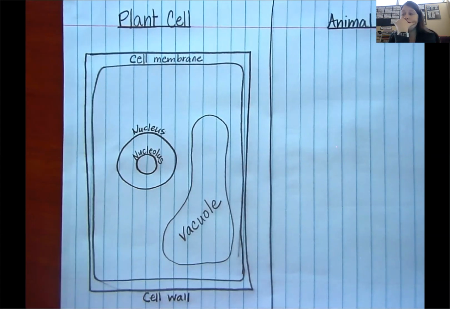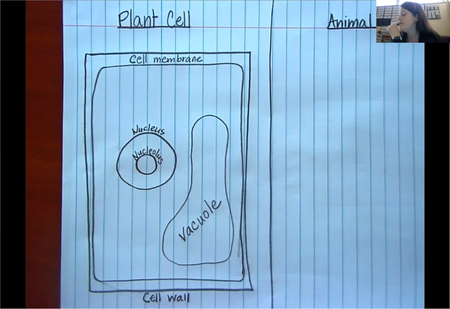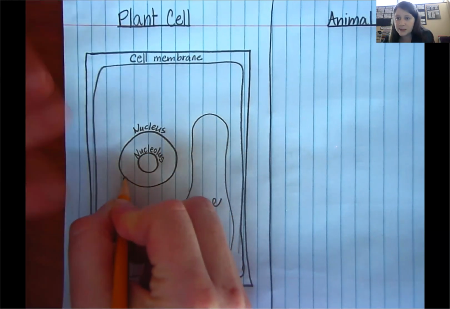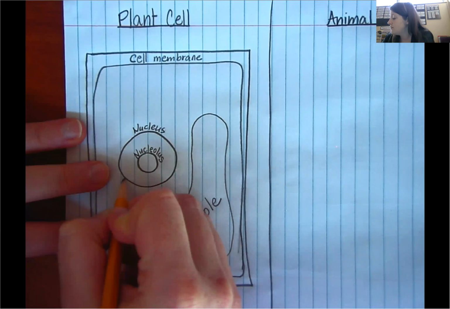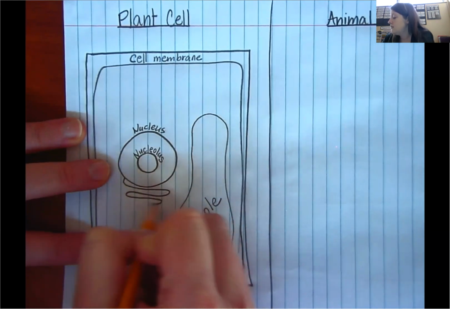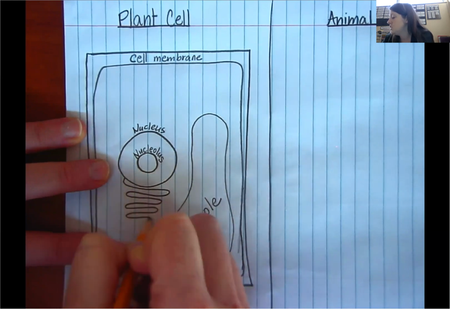Okay, the next one we're gonna go over is what's called the endoplasmic reticulum, or the ER for short. So obviously endoplasmic reticulum, lots of words. We'll break down that word later on. For now, we'll call it the ER. The ER sort of is a pathway that transports things in and out of the nucleus, and it kind of just winds in a random fashion.